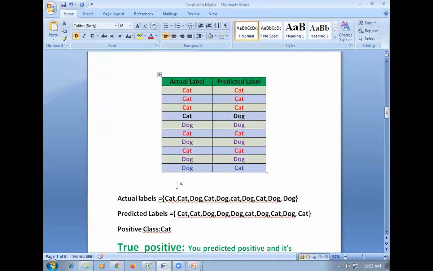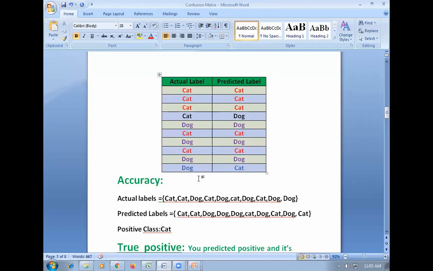Now again here, if we calculate the accuracy, what will be the value? How many labels are correctly identified? These are same. Second one is same. Third one is same. This is not same. Then again same, same, same, same, same, and not same.